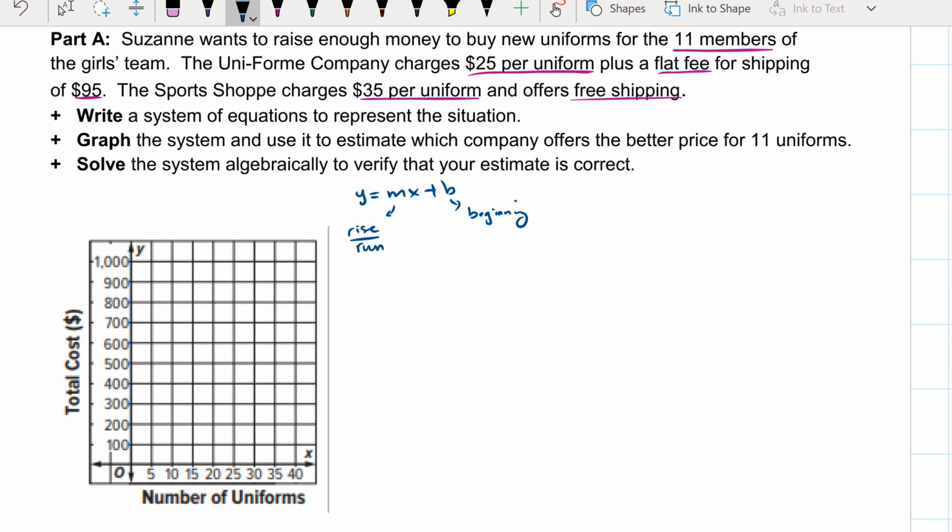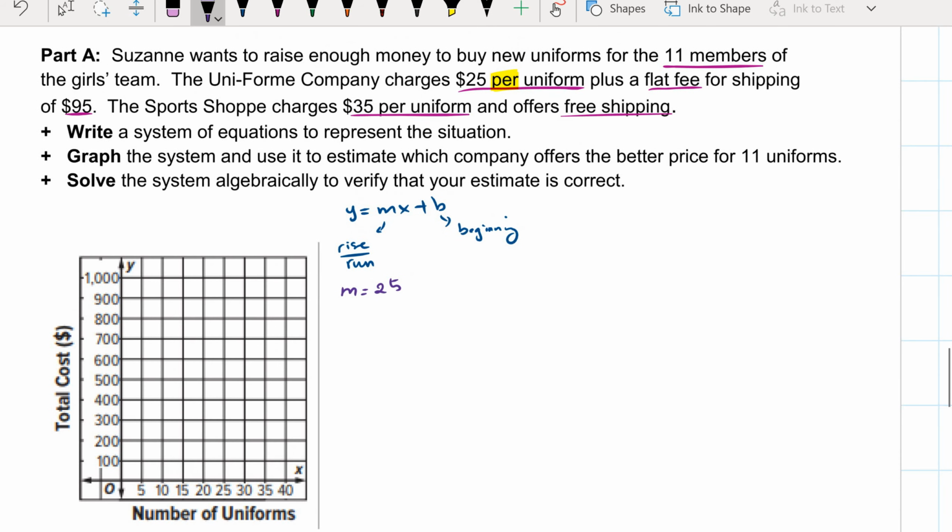Matching that with our scenario, the Uniform company charges $25 per uniform, so the slope, m, is 25. The flat fee for shipping is a one-time fee you pay at the beginning without buying any uniform yet, so b is $95.